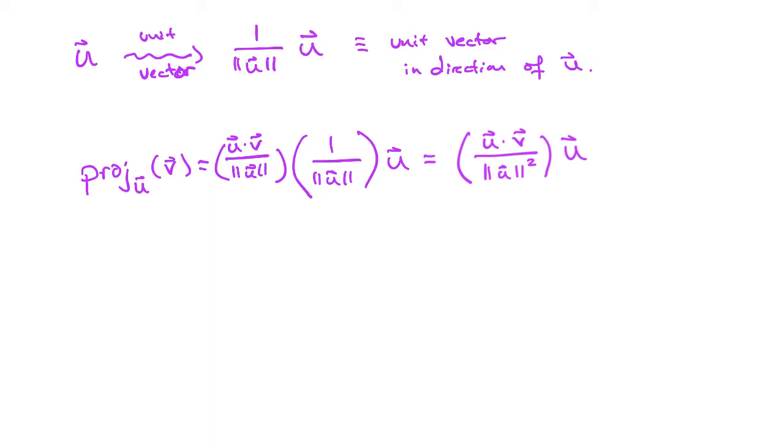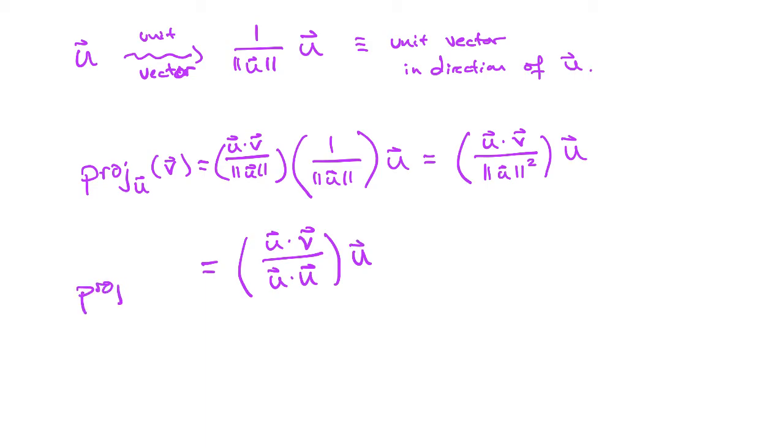To bring this back home with the dot product, the length of a vector squared can be written as the dot product of the vector with itself. So we have u dot v over u dot u, scaling our vector u.